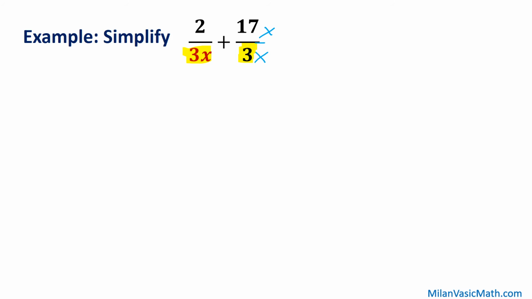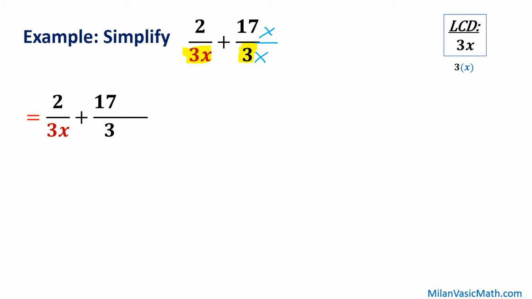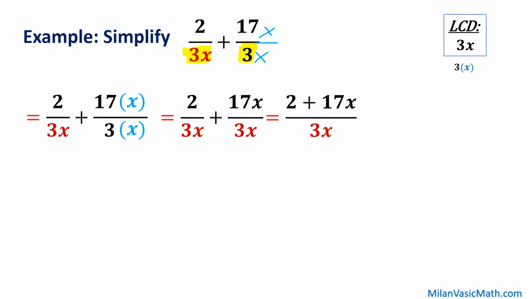All right, that would make it legal. So in this case, our least common denominator is 3 times x. So I'm going to do it properly and multiply it out. And now that I have the same denominator, I could add the numerators. And just for good measure, I'm going to write it in standard form. 17x plus 2, all divided by 3x.